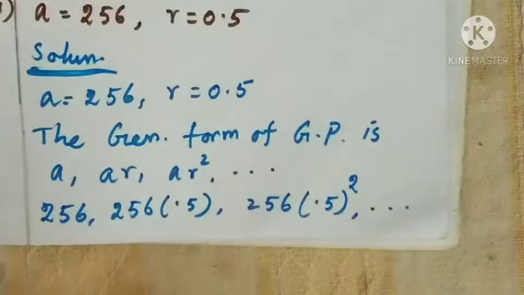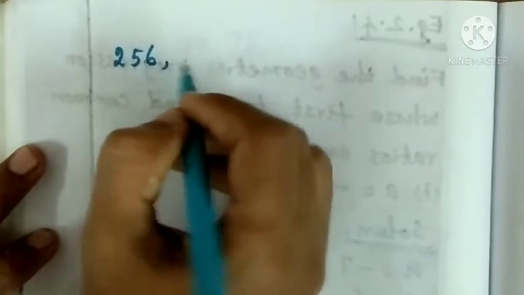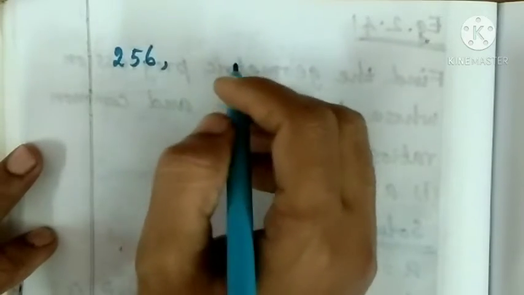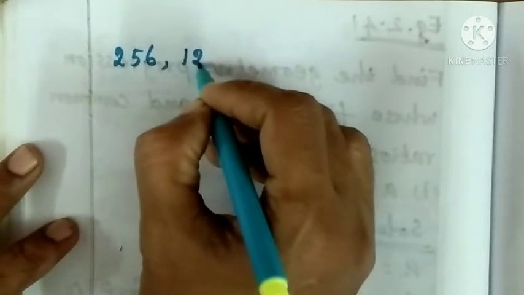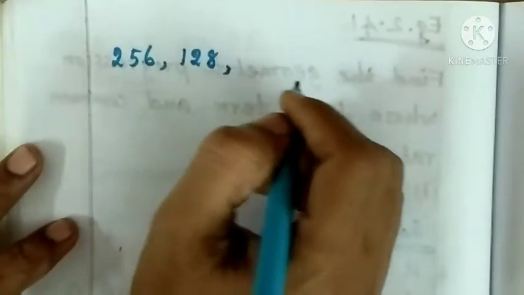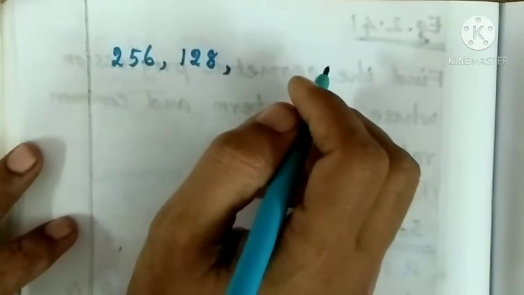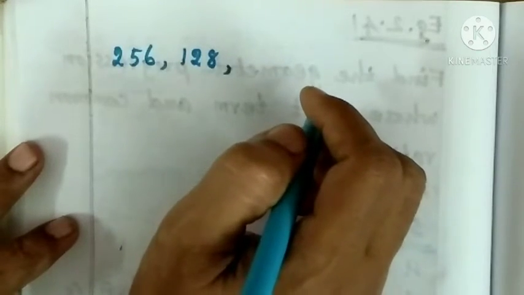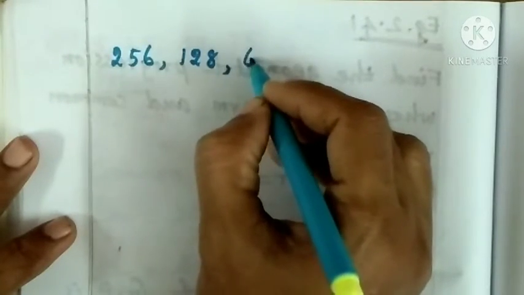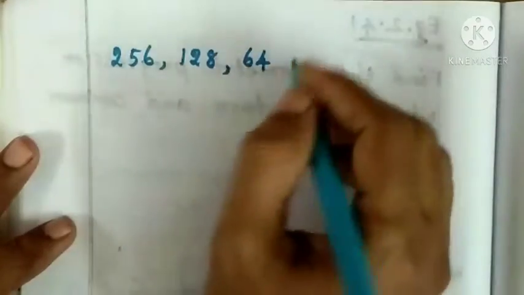Now you have to simplify this, means we get 256, 256 into 0.5 multiply means we get 128.0, that is 128, next you have to multiply 256 into 0.25 because 0.5 the whole squared is 0.25, which is equal to 64.00, that is 64 and so on.